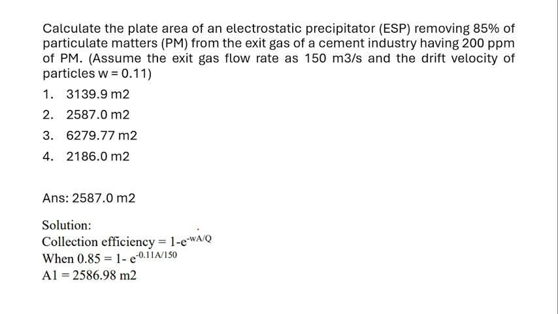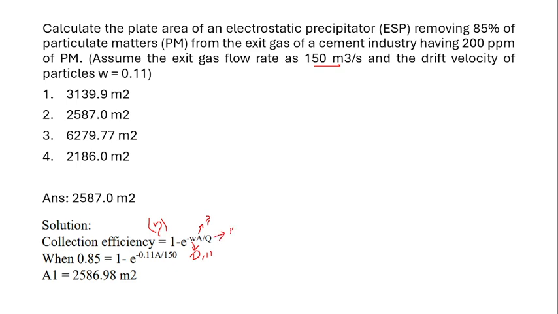So we have to use the formula: eta is the collection efficiency, eta is equal to 1 minus e power minus Aw divided by Q. Here A is the unknown we have to find out, w is the drift velocity given as 0.11, and Q is the flow rate given as 150 meter cube per second.